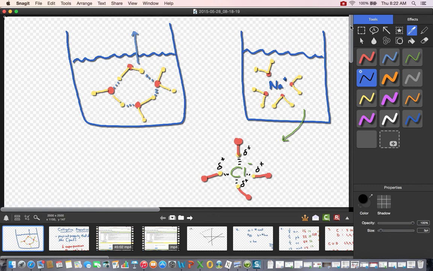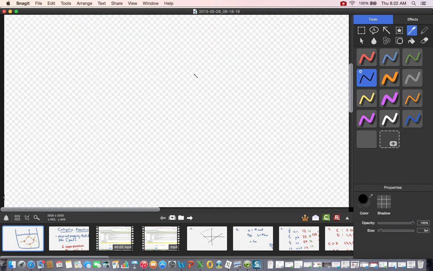Let's look at freezing point for just a moment. The whole idea with freezing point is that the solvent molecules have to adopt a regular, repeatable, crystalline pattern before freezing can take place. So I'm using water as my example again.